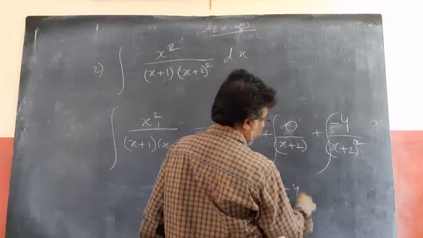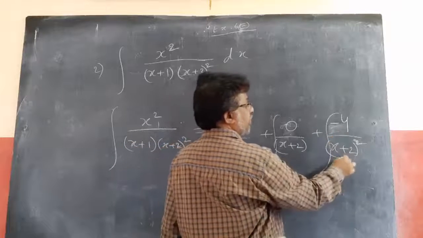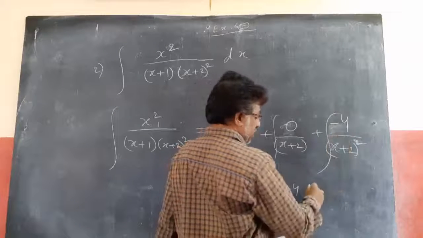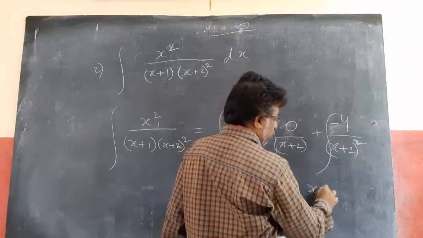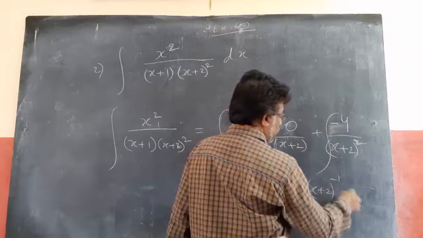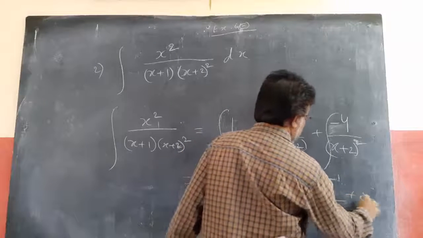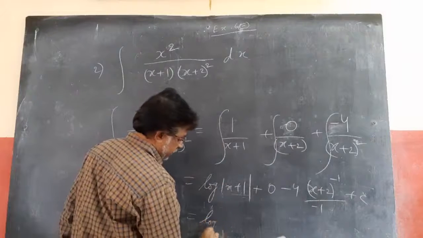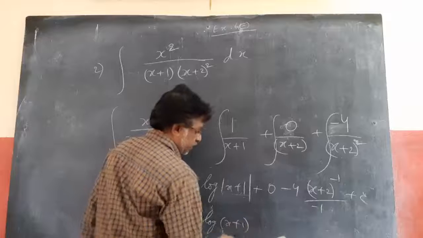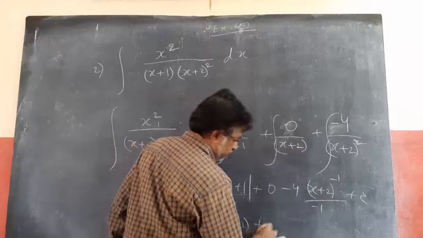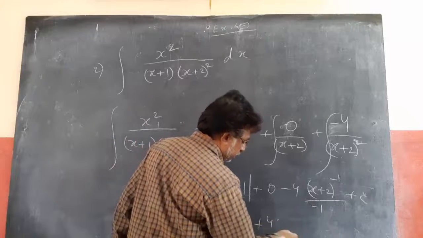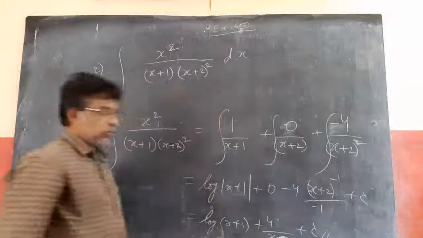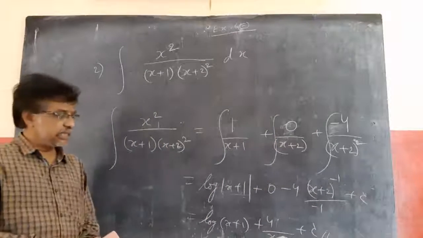Next, minus 4 into the integral of 1 by (x plus 2) square, meaning (x plus 2) power minus 2, it becomes (x plus 2) power minus 2 plus 1 over minus 1. So (x plus 2) whole power minus 1 by minus 1, plus c. So the final result is log of (x plus 1) plus 4 by (x plus 2) plus c.